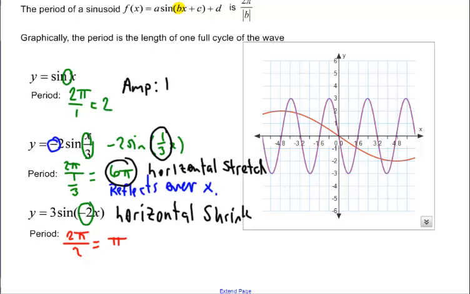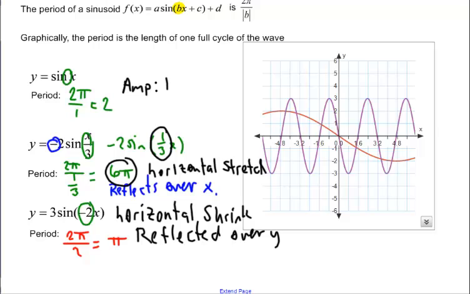What else has happened here? Okay, it's been reflected over the y-axis. Why? Because we've got a negative inside the function, just like if we had a negative inside the function on some of our other problems.